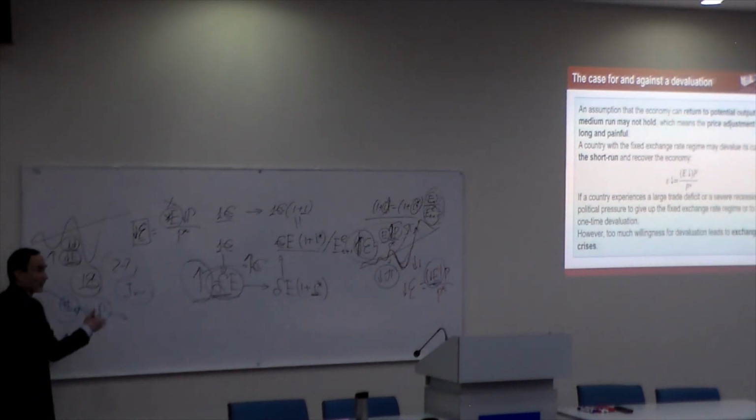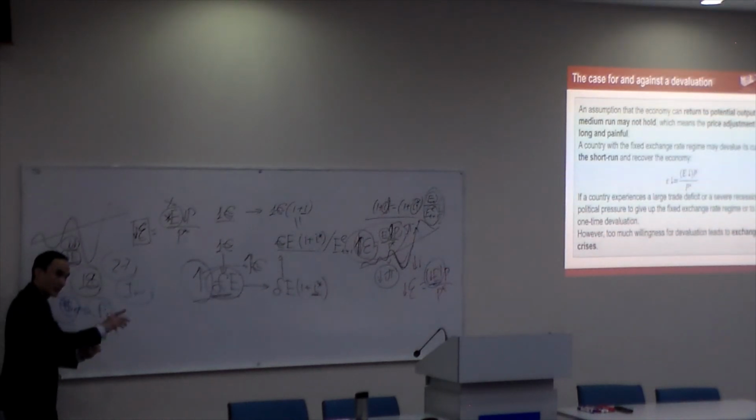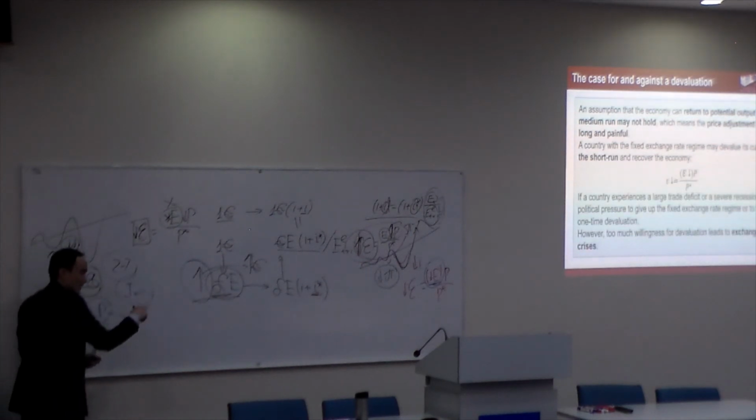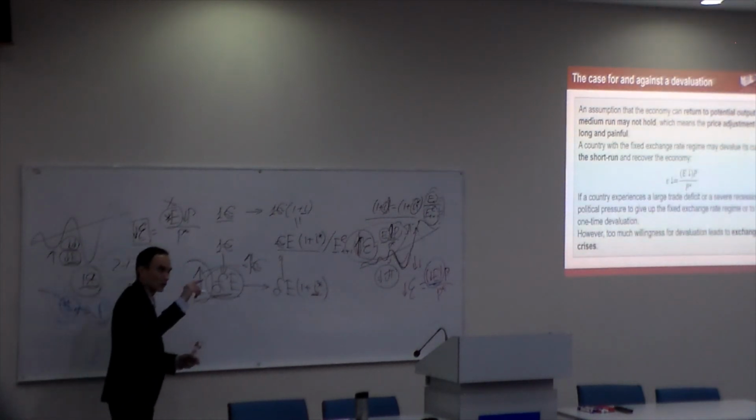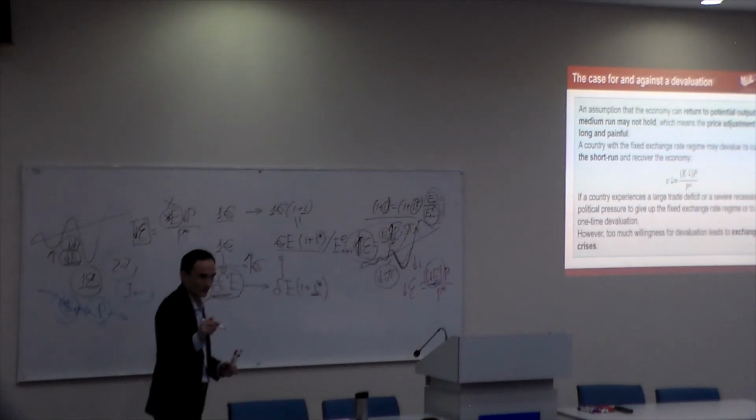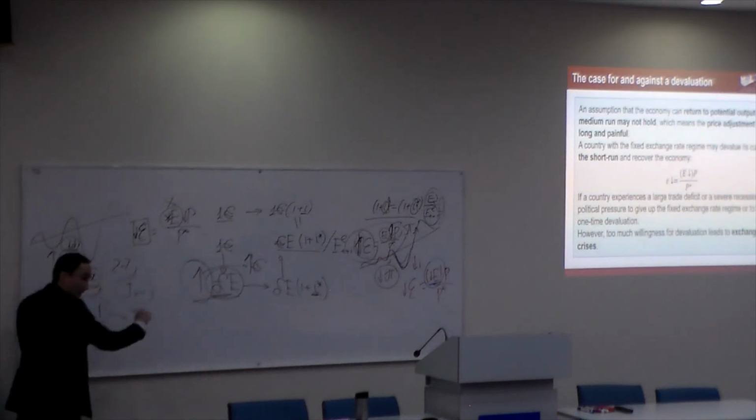Because Mexico had a fixed exchange rate regime, they were paying it back. Alright? $1 was equal to 16 pesos, I think. They were paying back.